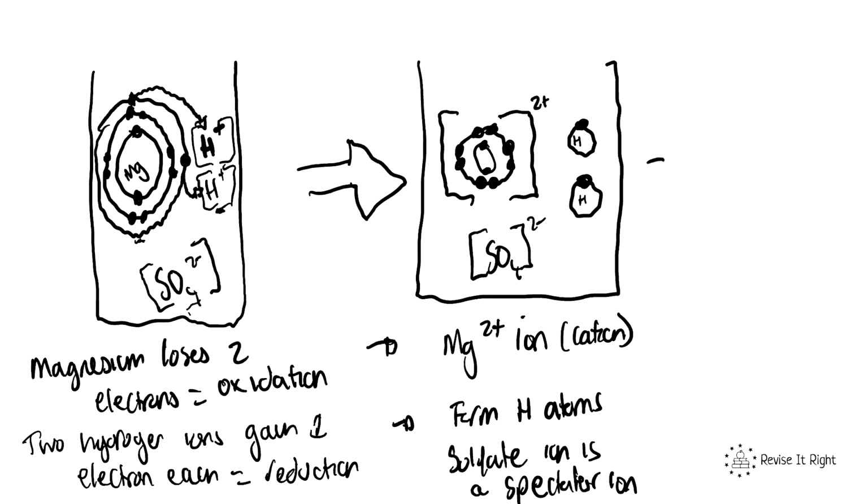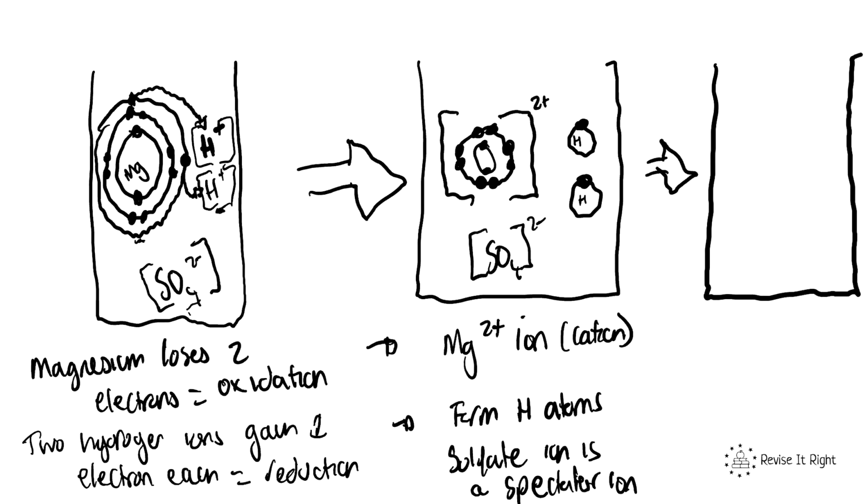And then what will happen is, because our hydrogen is a gas, it will then escape as H2 as a gas. So 2 hydrogen ions then form. Okay, so this hydrogen atom will then form a bond with this hydrogen atom to form H2.